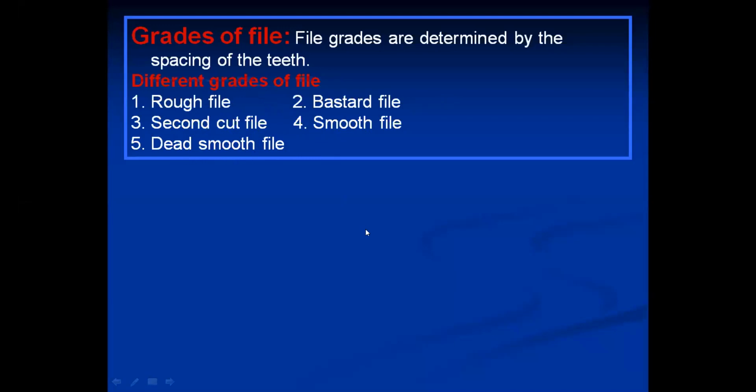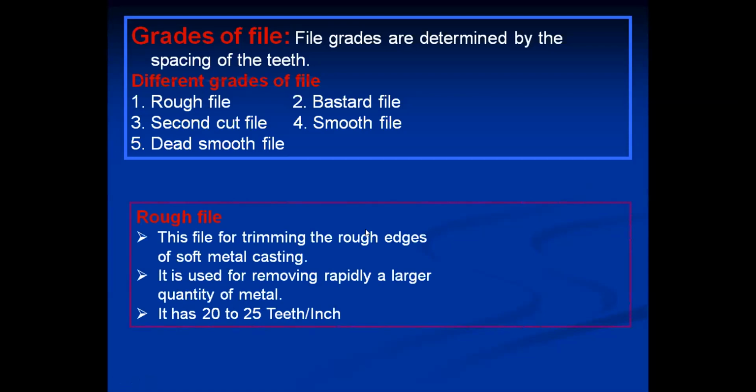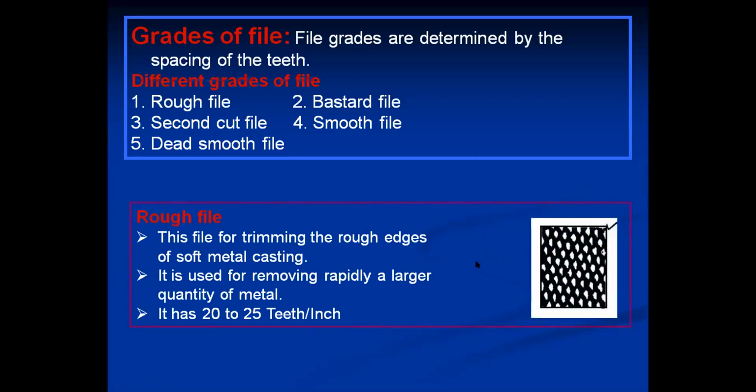First, we have to see what a rough file is. This file is for trimming the rough edges of soft metal castings. While casting metal, there are rough edges, and for trimming those rough edges we use the rough file.